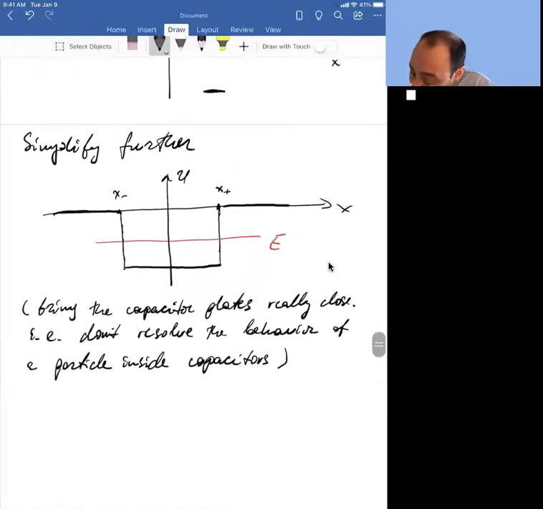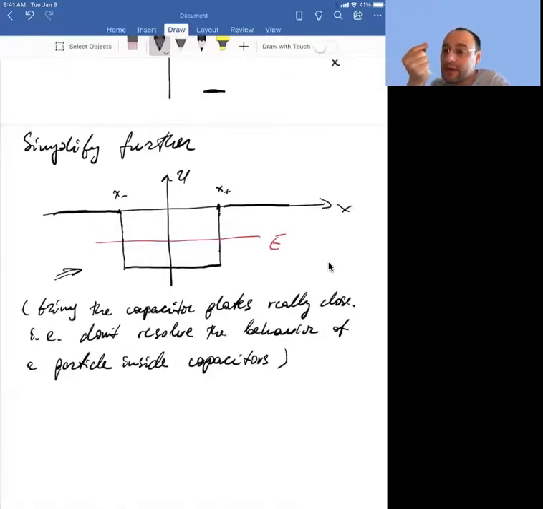So what happens is, in terms of this model, the particle experiences an infinite force over an infinitesimal distance. It basically coasts along, ping, it stops, coasts along, ping, it stops. So the particle will shuttle back and forth between x minus and x plus.